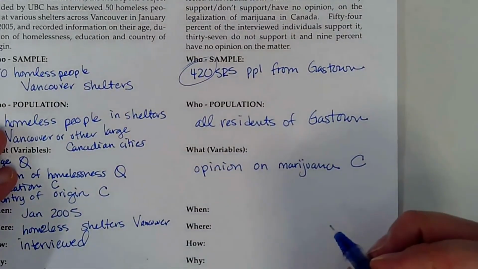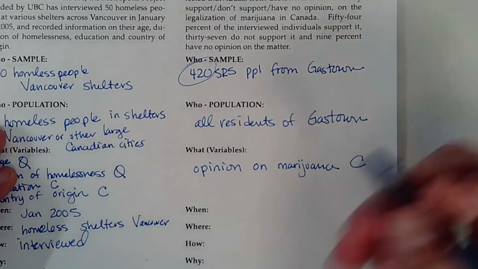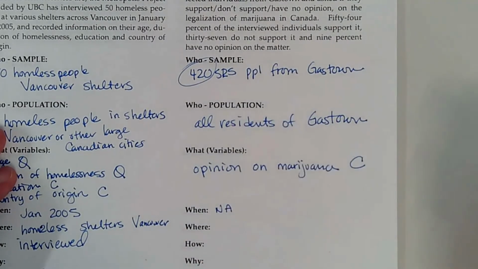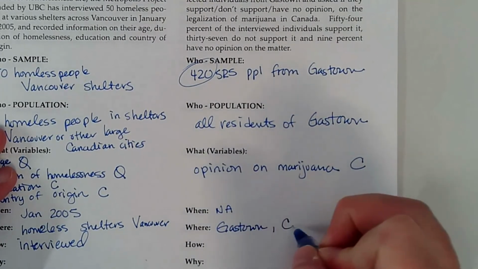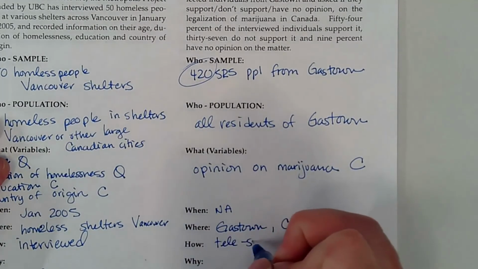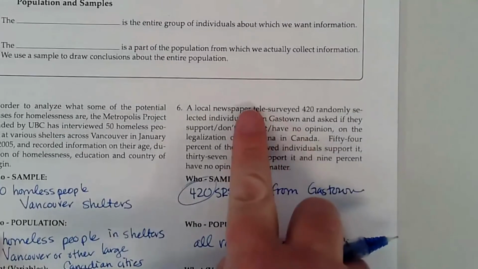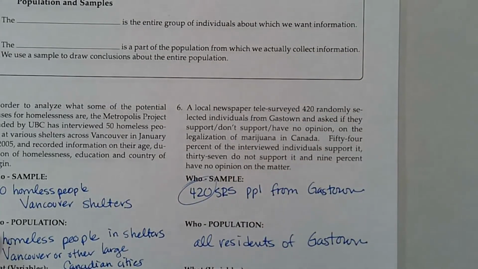The when, I don't think it says when they did this research. The where is Gastown in Canada. The how is a telesurvey. Okay, so that's listed up here. And then the why.